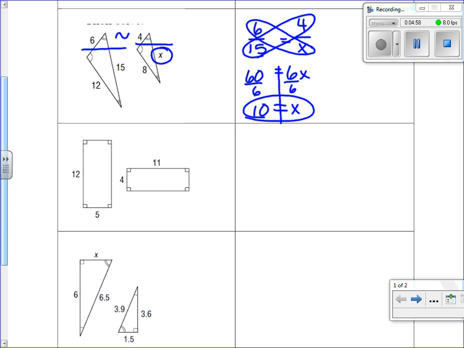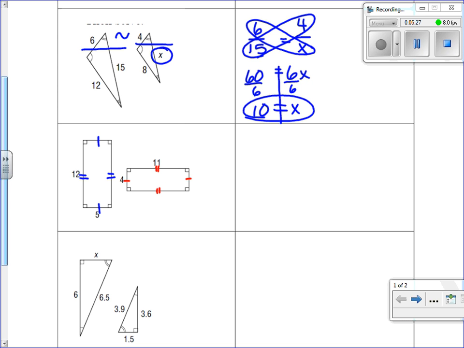That means this side that is labeled 5 is the same as this side that is not labeled. This side that is labeled 12 is the same as this side that is not labeled. And on this image as well, if this side is labeled 4, then this side is 4. If this side is 11, this side is 11.